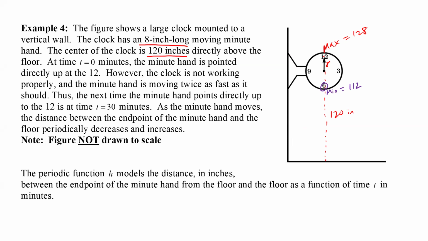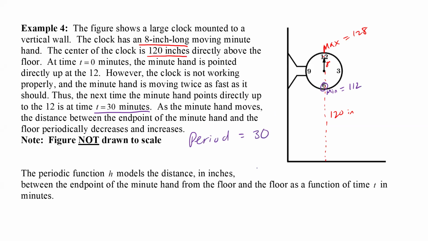So next part, it says that it takes 30 minutes instead of 60 minutes for it to go back to 12. What does that 30 minutes represent? Our time, but for a sine graph, or sinusoidal graph, that represents your what? Period. So we know that our period equals 30.